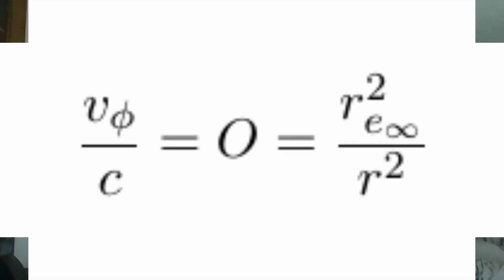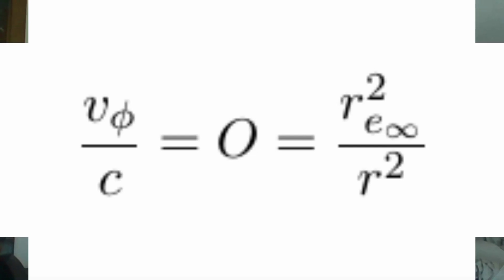This is quite simple. Now, earlier we have already looked at, from induction, that this rotational velocity of the electron divided by c corresponds to the electric field at the same position, which you can express in this manner here.